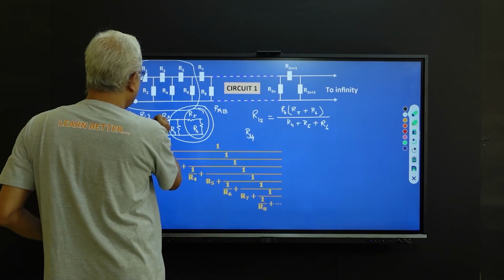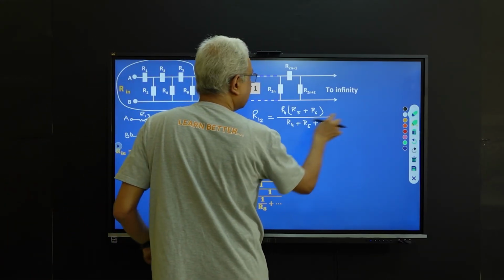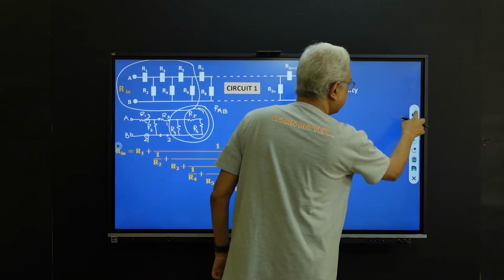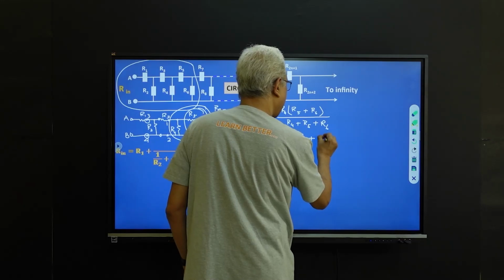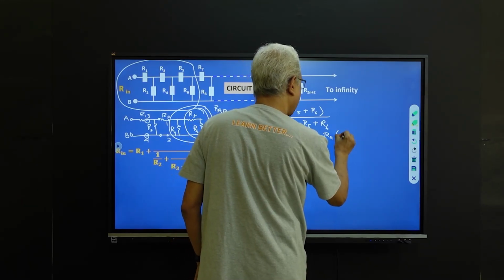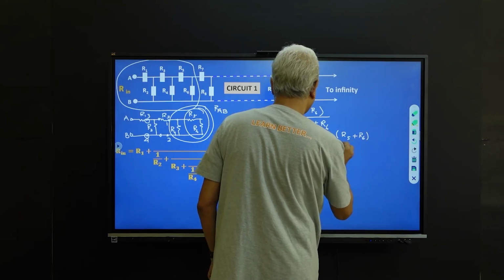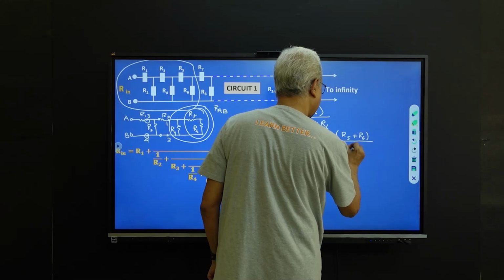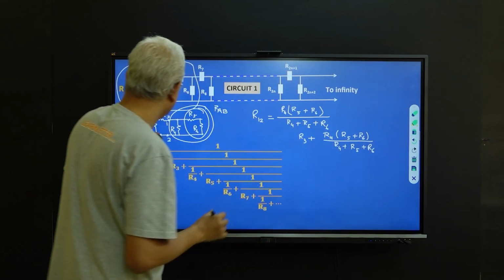First, between these 2 points, the resistance will be R3 plus R4 into R5 plus R6 by R4 plus R5 plus R6.